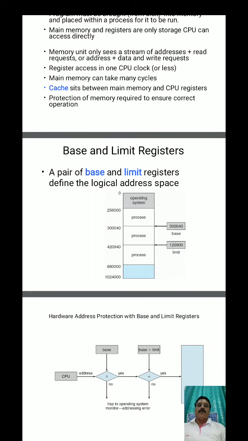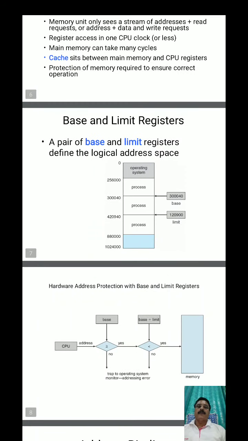Now if you have a look at this diagram, there is a memory which starts at address 0 and whose end address is shown to be 1024000, and there is a pair of registers named base register and limit register, as shown on the right hand side.